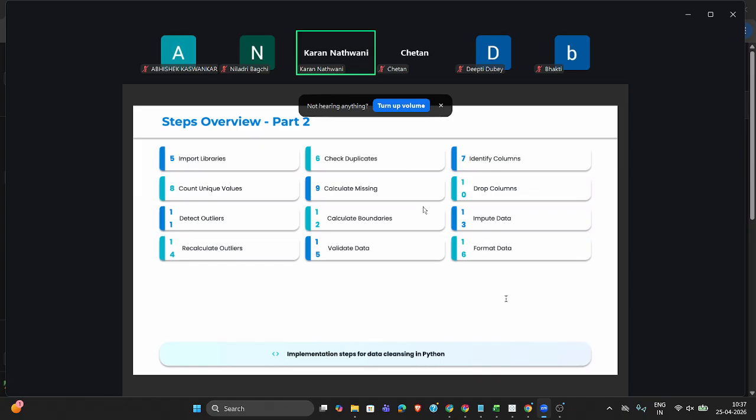That way you can help to remove the duplicates. And for outliers, I told you, the interquartile range is predominantly used as a statistical measure to detect them. Then you can validate and format the data, and drop the columns which are not important. All these are very important steps in data cleansing in Python.